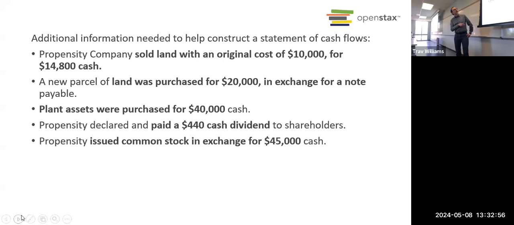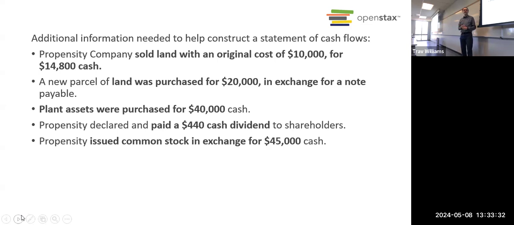Okay, so here's some extra information we're going to need to create our first statement of cash flows here. Our company sold some land and it cost $10,000, but we sold it for $14,800. With that information, tell me, did we have a gain on the sale of that asset or a loss? We bought it for $10,000, we sold it for $14,800.